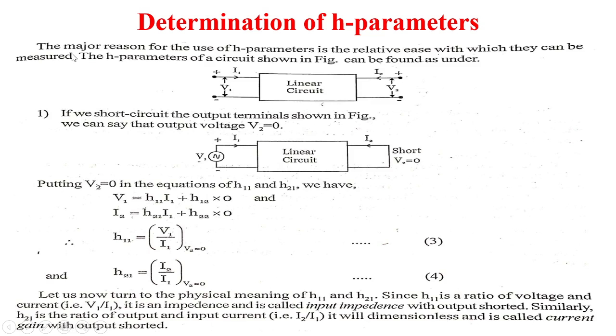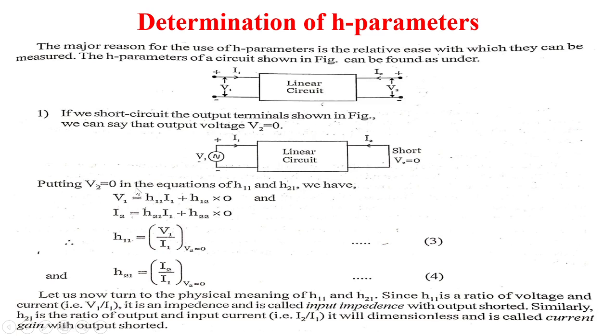Determination of H parameters. The major reason for the use of H parameters is the relative ease with which they can be measured. The H parameters of the circuit shown in the figure can be found as follows. If we short circuit the output terminal as shown in the figure, then we can say that the output voltage V2 equal to 0.